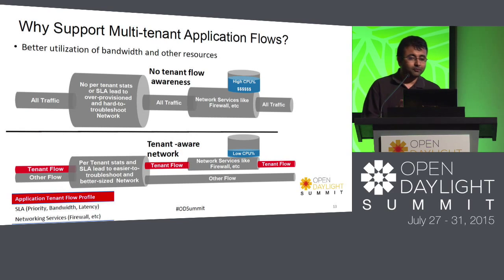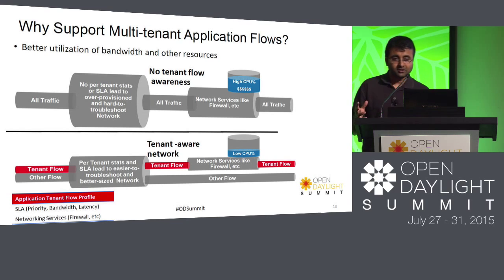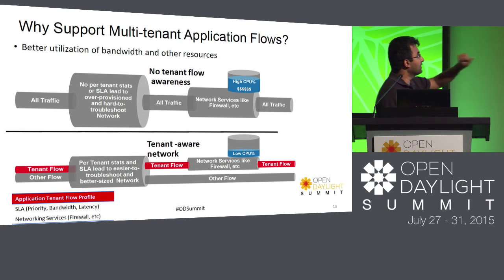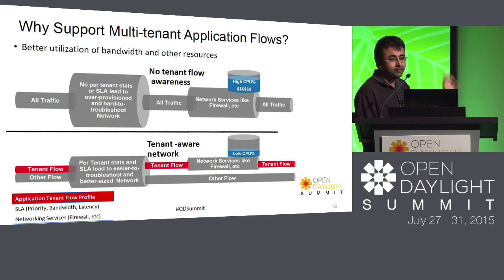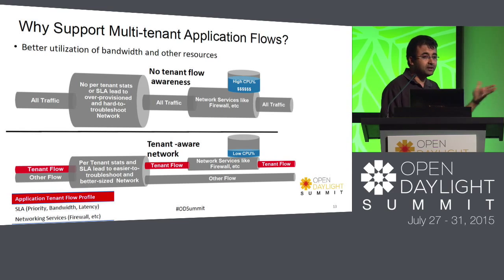So why should we worry about supporting multi-tenant application flows, right? One of the crucial reasons is to have better utilization of network resources and compute resources on the edge. On the top, you have the case with no tenant flow awareness. What happens is that you do not have insights into per tenant flow.